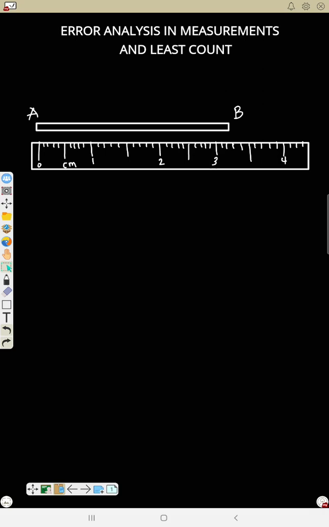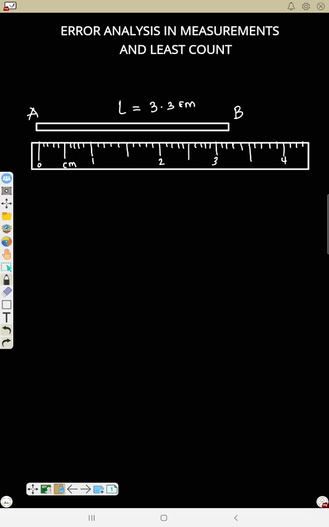So if we write down the length of this line as 3.3 centimeter, though it is more than 3.2 but also less than 3.3, that means this measurement has two significant figures.